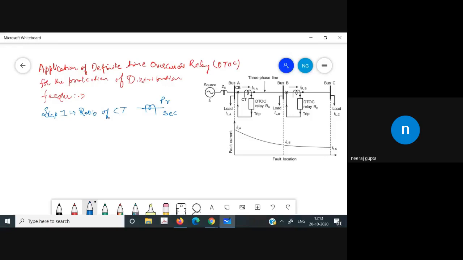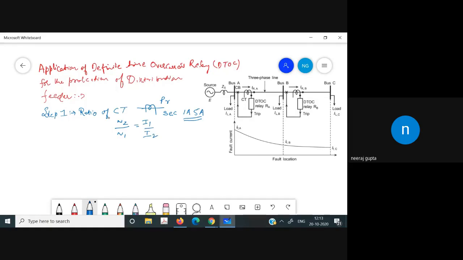As we have already discussed, the standard CTs that are available in the market are of 1 ampere and 5 ampere. So we have to select the turns ratio of the CT. Let us suppose that the turns ratio of the CT is N2 by N1, which equals I1 by I2.